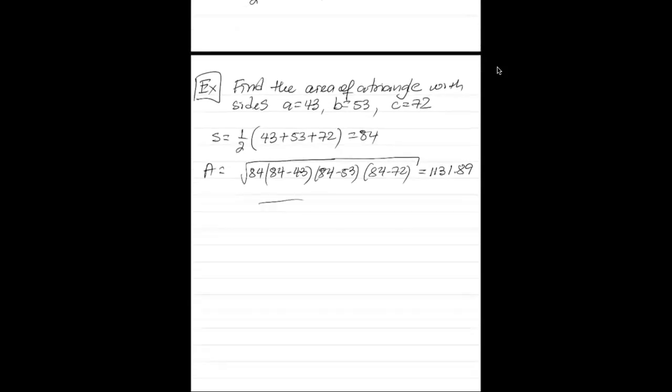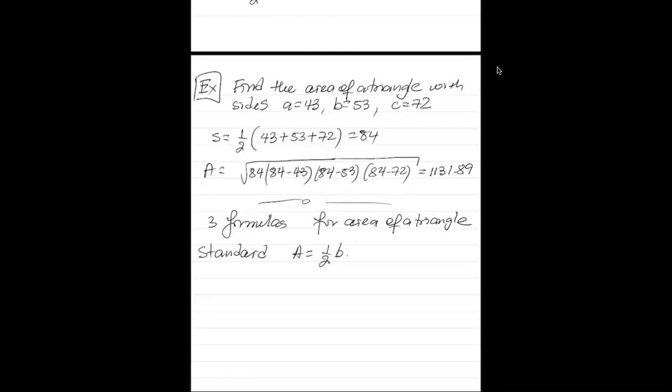So we have 3 formulas for the area of a triangle so far. We have the standard formula that you learned from middle school, A equals 1/2 base times height.